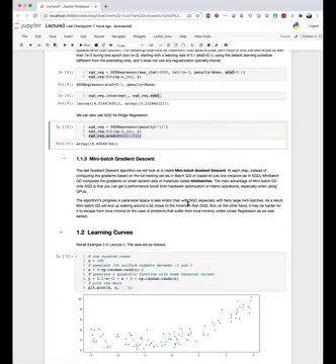Mini batch means you do not use all of the data for each iteration, and not just one. You can use, for example, 5 or 10, which we call a mini batch. Just a small random set, not either extreme, which is randomly picked. And this is called mini batch gradient descent.